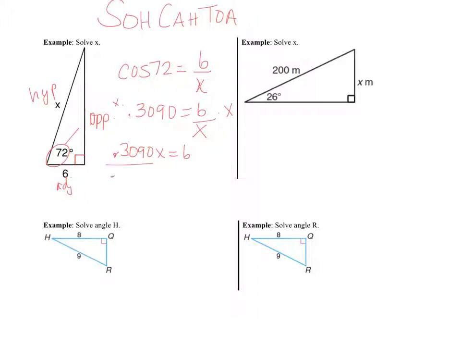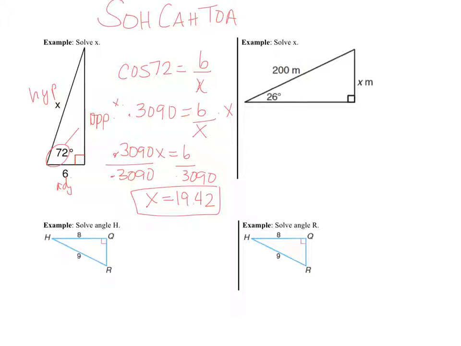Last step is to divide both sides by 0.3090. And you've got x is equal to 19.41, so it pushes it up to 19.42.